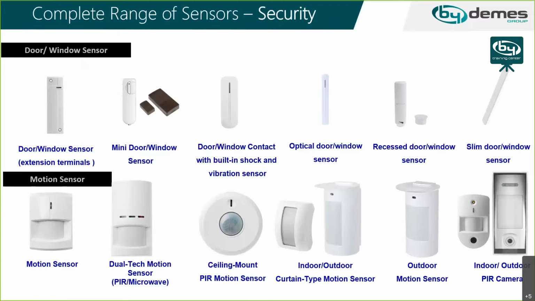But if it detects two times, for example if there is one person walking, it will trigger an alarm. And this is used to avoid false alarms outdoors. For example, if there is any car moving or something, to avoid these false alarms, it has this function, and you can use it for the outdoor detectors.